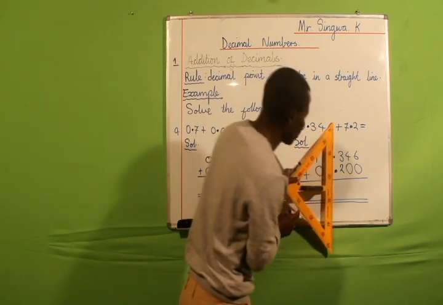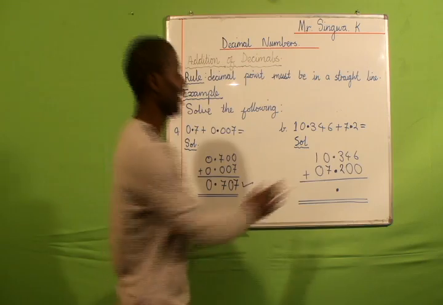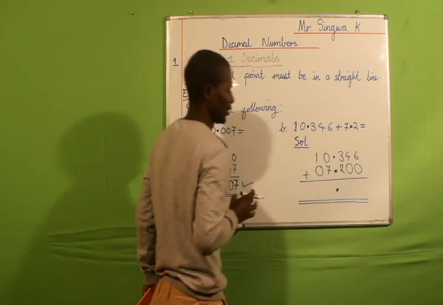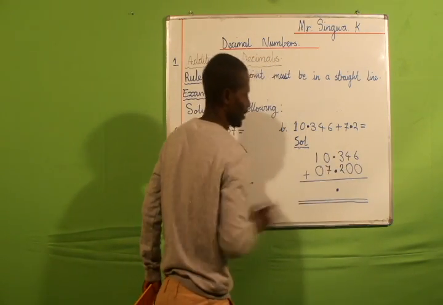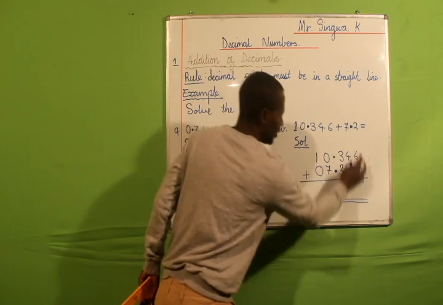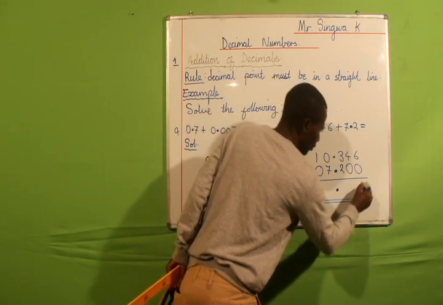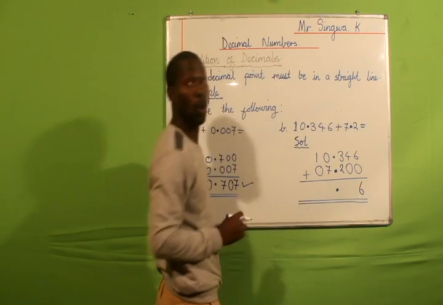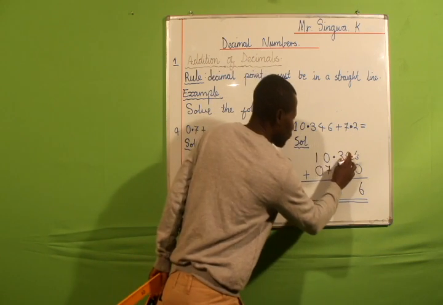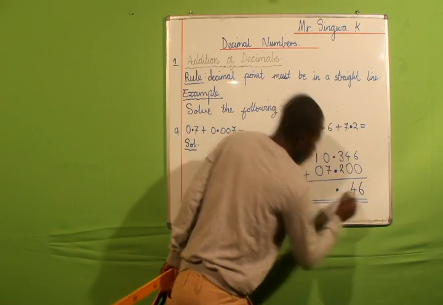So here is my straight line. I'll also put my decimal here in a straight line. Meaning here I've got 3 figures and 2 figures here, with placeholders here as well. Here it's going to be 6 plus 0 is equal to 6, because this one is just holding the position. 4 plus 0 is still 4.